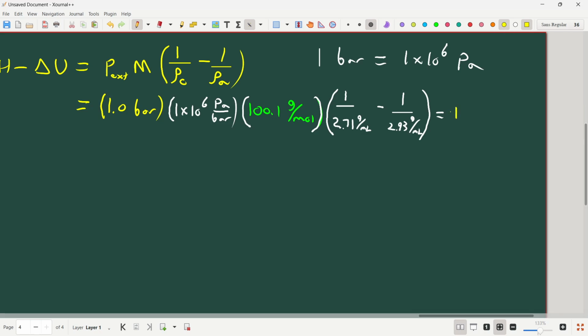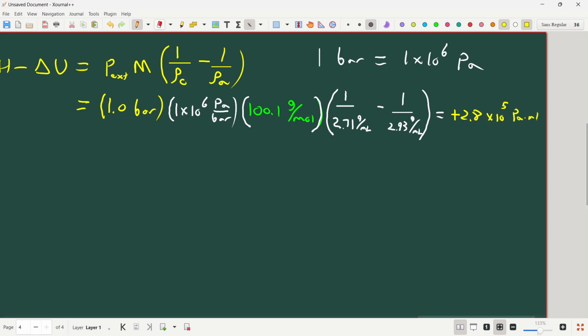This is a positive number. Oh, sorry, let me change that. Wrong units. So in our units, this is plus 2.8 times 10 to the 5 pascal milliliters per mole.